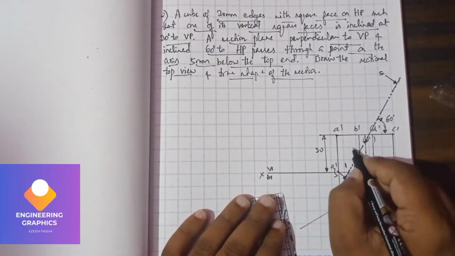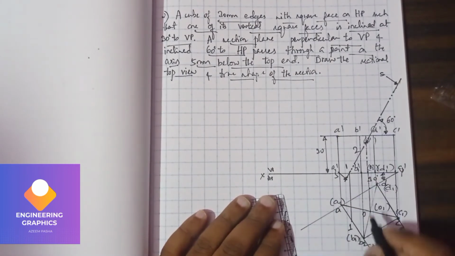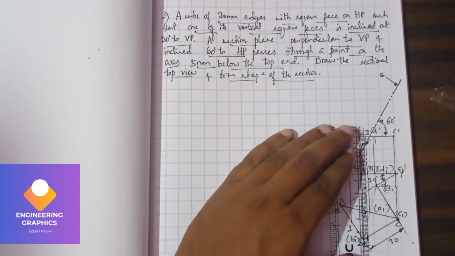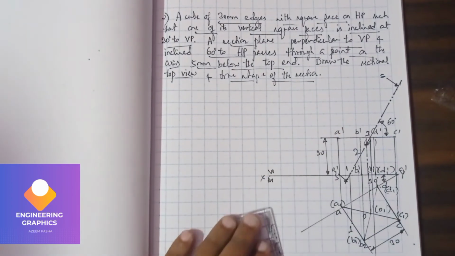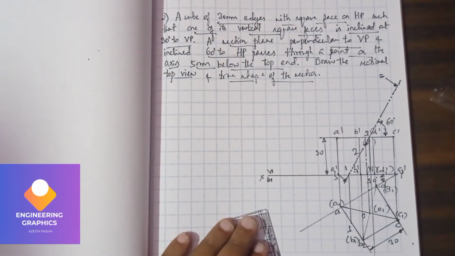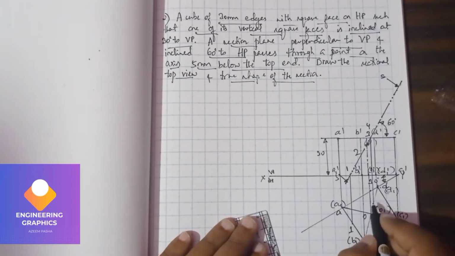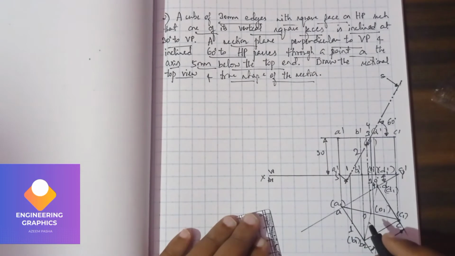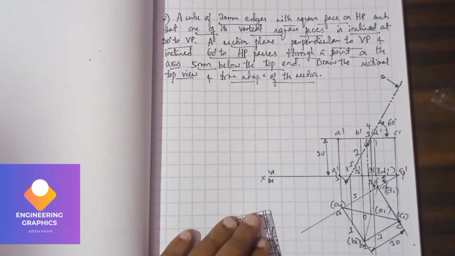In the same way it is cutting at the point B, so we can consider here 2. And for point number 3 it is cutting here, so we draw a projection line to show it. This is point number 3, and point number 4 is cutting here again. This is point number 4, and finally at the end we get point number 5.